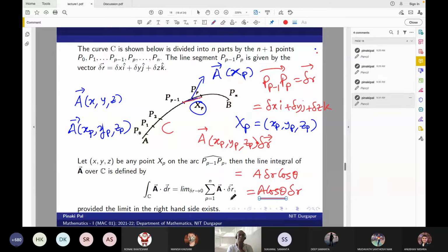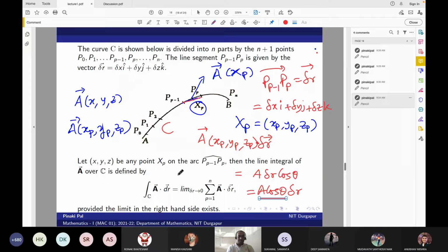If we want to find the length of this curve, probably this will not work. We have to introduce scalar integration in that case. But if you consider A as a force field, then you can understand a physical interpretation of this line integral.